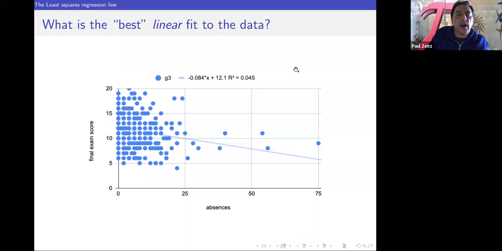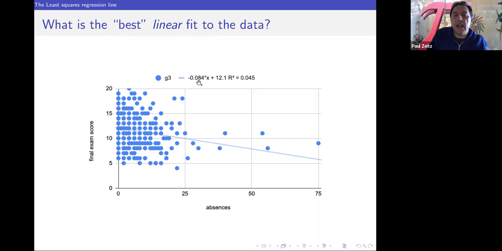Okay, so let's now look at this notion of lines to fit the data. The question is, what is the best linear fit to the data? There are three important words: linear, so we're restricting it to a straight line; best, how do we define best? And fit, how do we define fit?